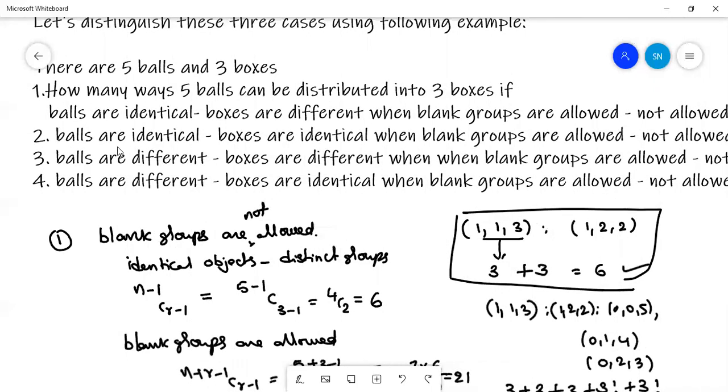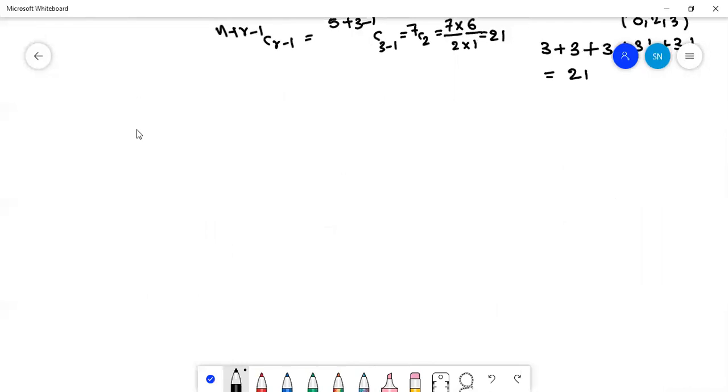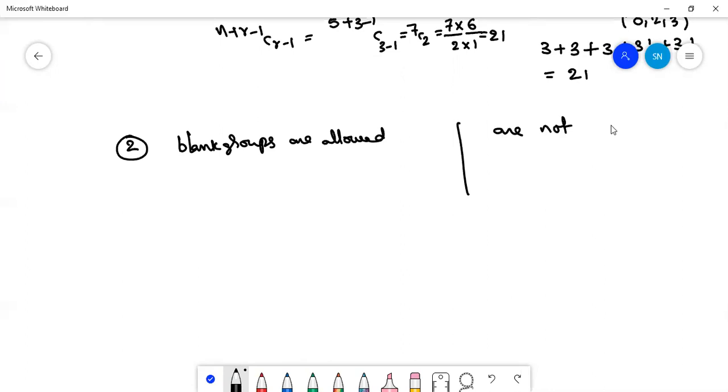Now the second point, balls are identical, boxes are also identical. Such a case was not discussed previously, so in this case we need to calculate manually. First case, blank groups are not allowed.